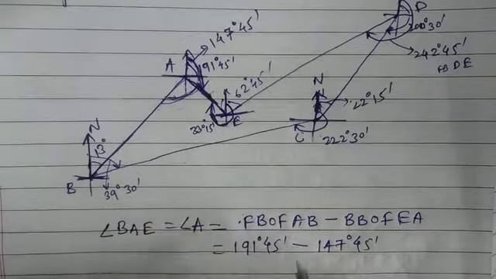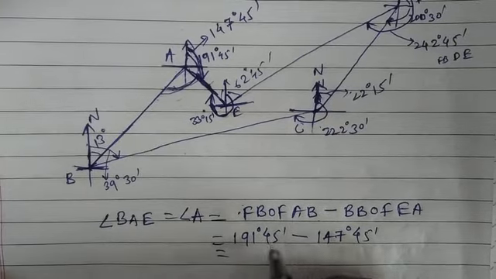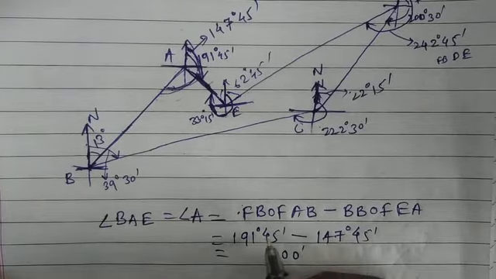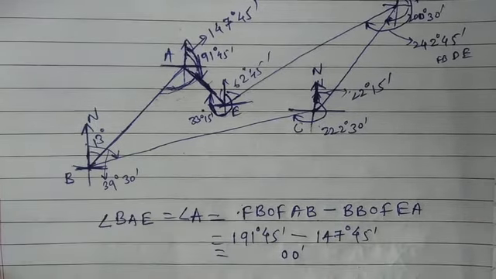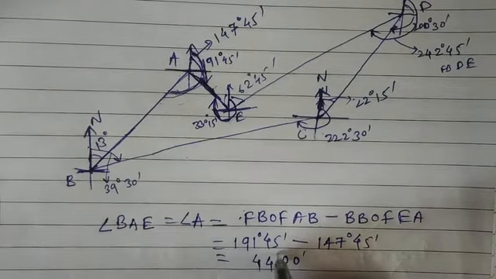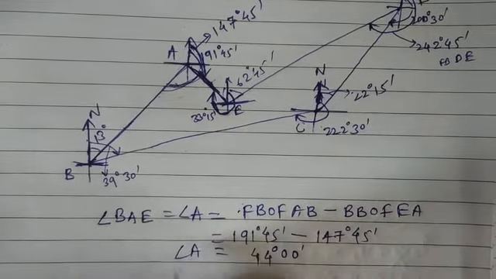The 45 minutes will cancel, so it's 0 minutes, and the subtraction gives 44 degree 0 minutes. So that will be angle A.